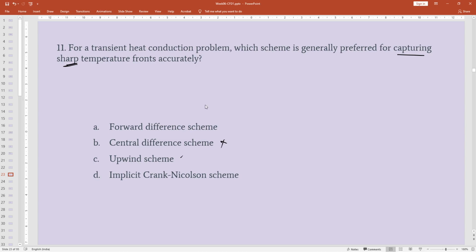You can say that it's actually a modified backward difference scheme, but while using it, it can become either forward difference or backward difference. And the implicit Crank-Nicolson scheme, being an implicit scheme, can create some diffusion errors. So our option is option C, upwind scheme.